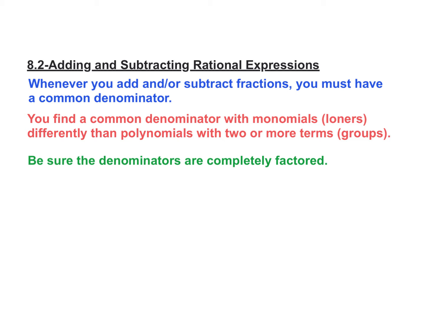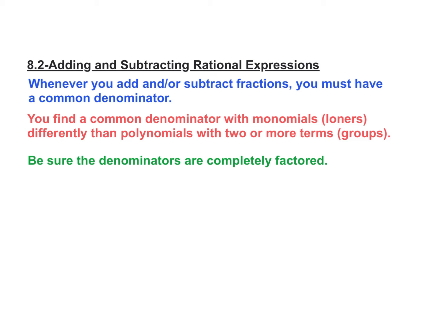In all of these problems, what's critical is that your denominators, just your denominators, are completely factored. You don't have to worry about factoring the top, because most of the time you're going to multiply that back out anyway. Because if you think about regular fractions, when you get a common denominator, when you change the bottom, you also change the top.